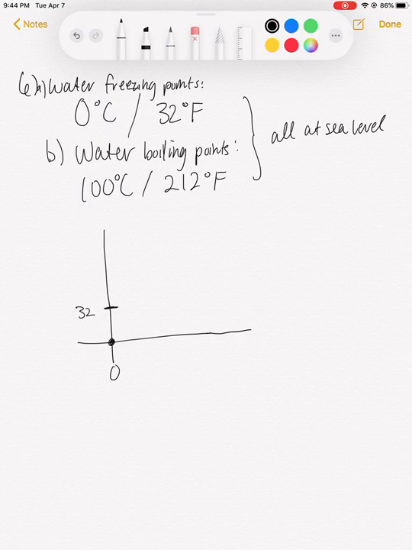Then we're going to draw a Celsius line, which goes up like this, and the boiling point is at 100 degrees. And here is 212 degrees. Okay, so that's the Celsius there.